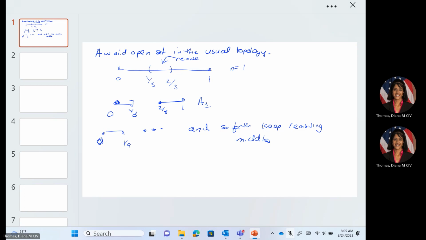It's infinite. The stuff you get at the bottom, they call Cantor dust. Does that make sense?